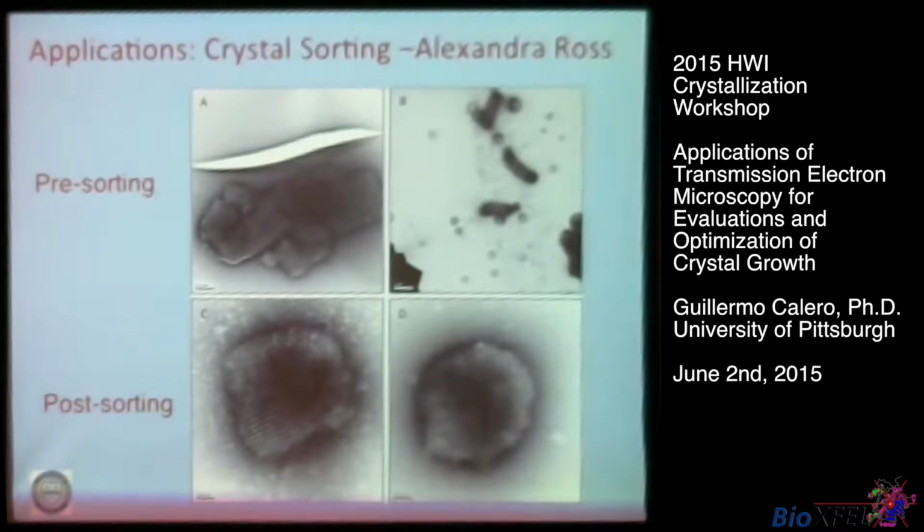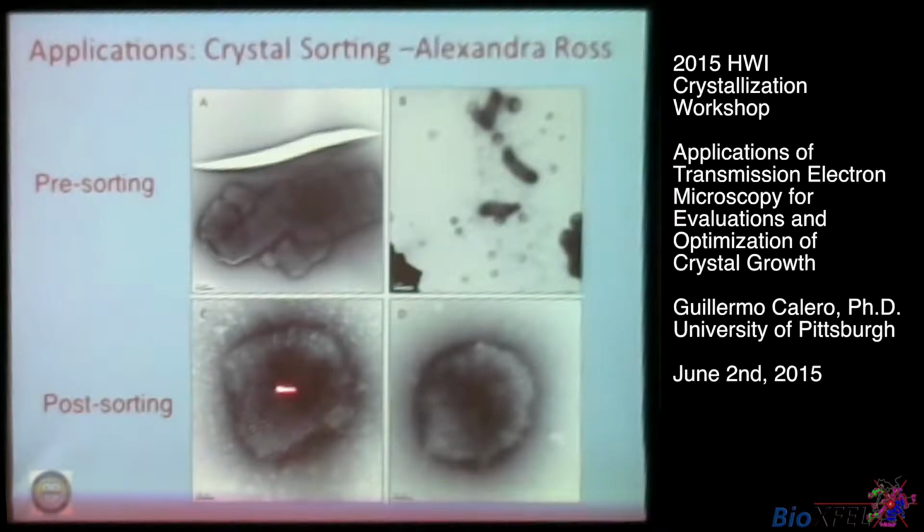But basically, she created a device where she can separate crystals of different sizes. She takes samples with crystals, and she's able to separate the small crystals from the larger crystals. She asked me if I could look at the samples with her.